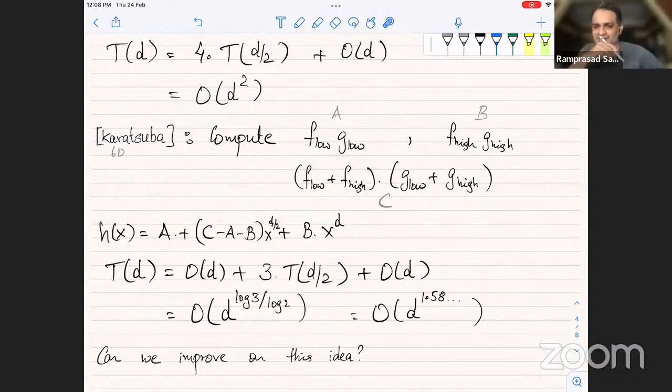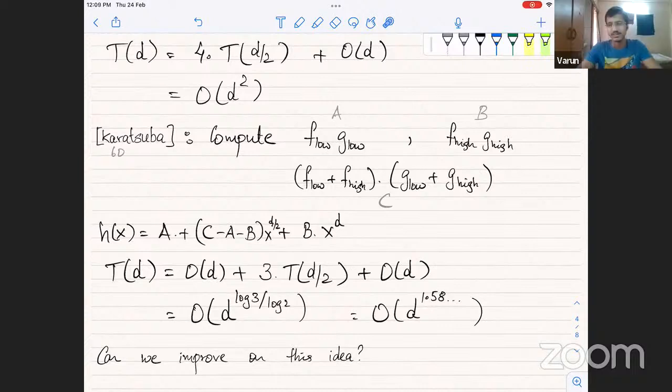You will see why when we figure out how to improve on this idea. We will see a divide and conquer type algorithm, but a little more clever than that, which will improve on this idea. Yeah, that's already a divide and conquer.